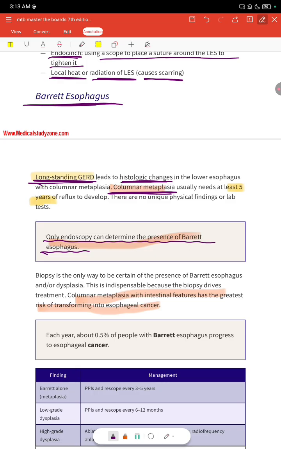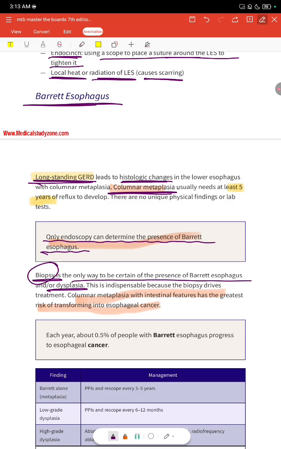Biopsy is the only way to be certain of the presence of Barrett esophagus or dysplasia, metaplasia. This is indispensable because the biopsy drives treatment. It is the biopsy that would tell us whether the histology is columnar or otherwise.